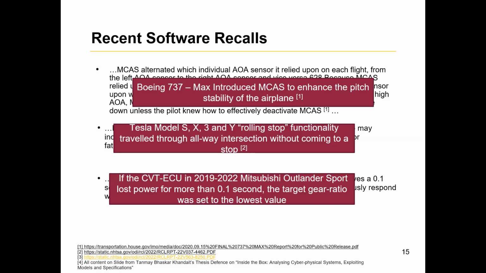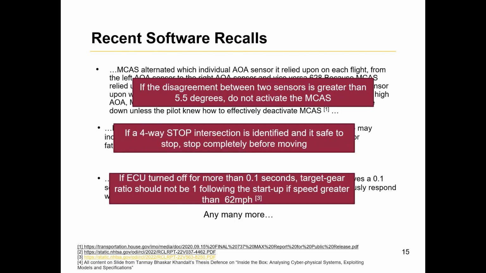Similarly, there was an issue with the Mitsubishi Outlander Sport, wherein if the power input was misread or not received by the ECU, even for a second, the gear ratio was set back to 1, which, if it happened at a very high speed, is very disastrous for the car. There were many such examples that have happened in real life.